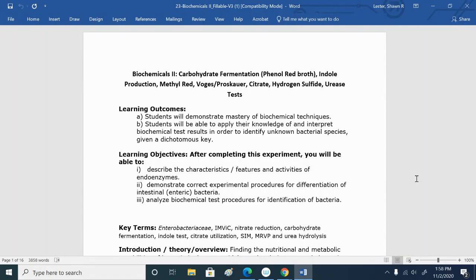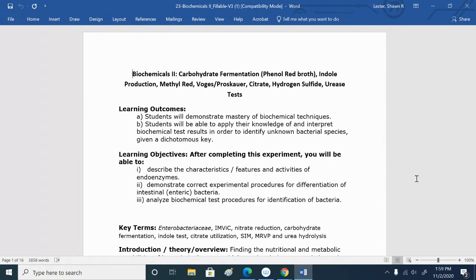So we're going to start talking about a variety of biochemical tests today, and we'll finish this on Wednesday. We'll look at things like carbohydrate fermentation, indole production, methyl red, Voges-Proskauer test, citrate, hydrogen sulfide, urease tests. Most of these tests are actually used to identify enterics, but the gram-negative rods, especially the indole, methyl red, VP, citrate, hydrogen sulfide, and urease are primarily used for gram-negative rods.